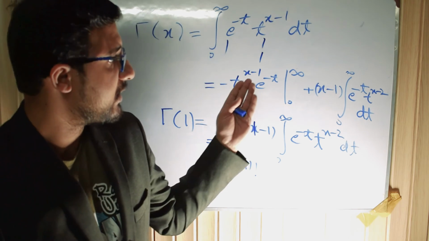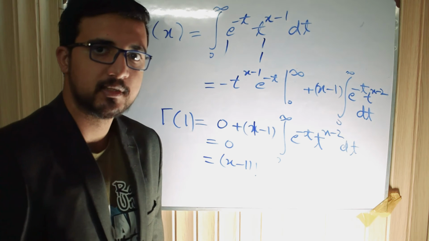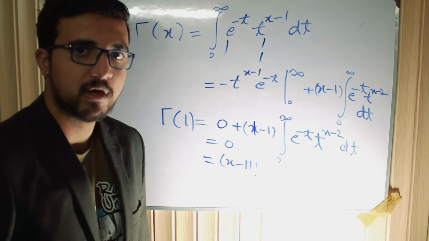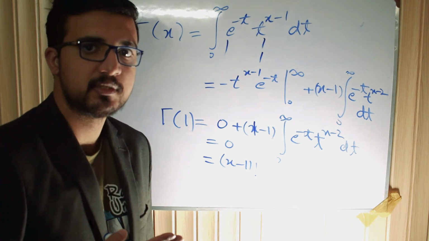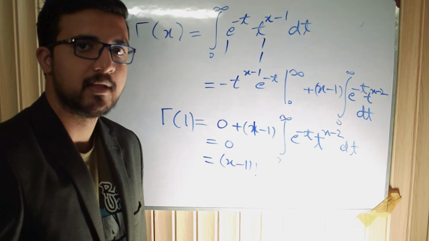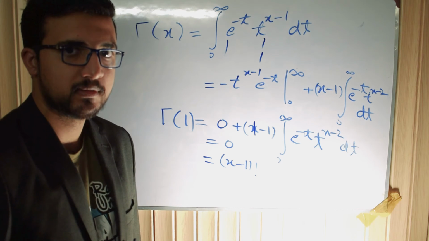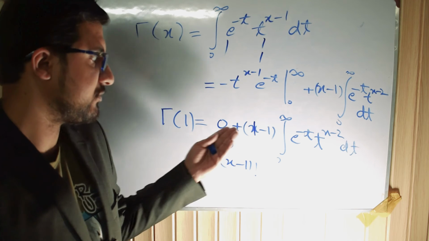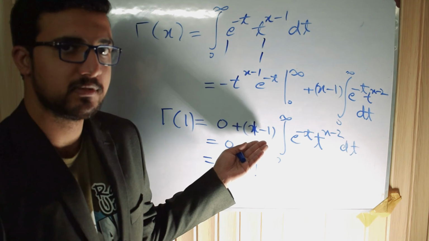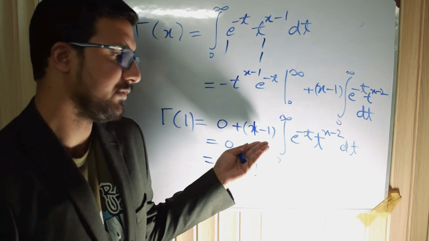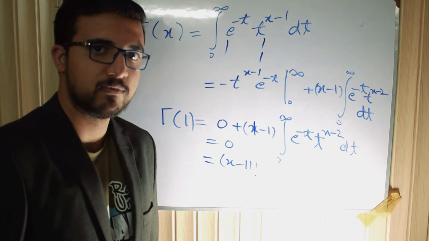So if you integrate this by parts, the formula holds for values of x greater than 1, not for x equal to 1, because at x equal to 1, if you use the formula, it will give you straightforwardly gamma of 1 equal to 0.